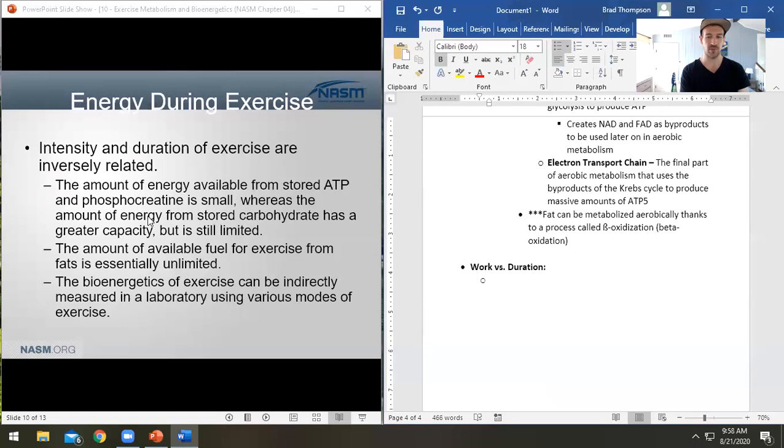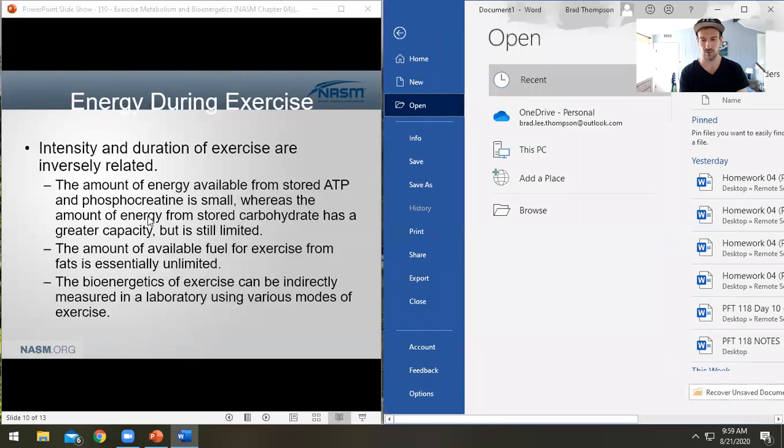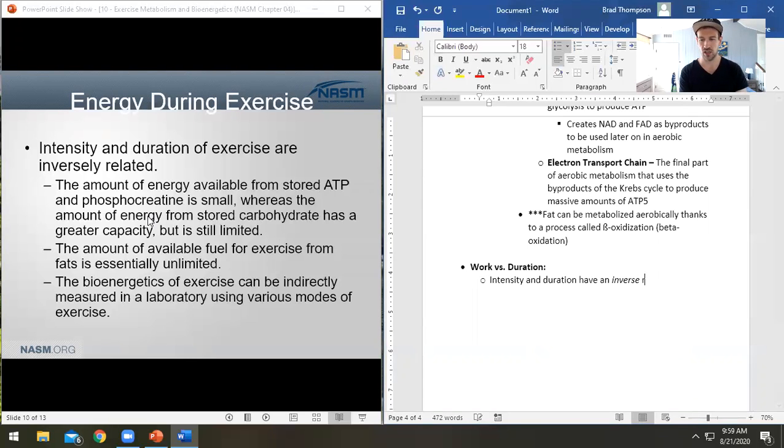Intensity and duration have an inverse relationship, right? What we mean by that is that as intensity goes up, duration must come down. As intensity goes down, duration can go up.